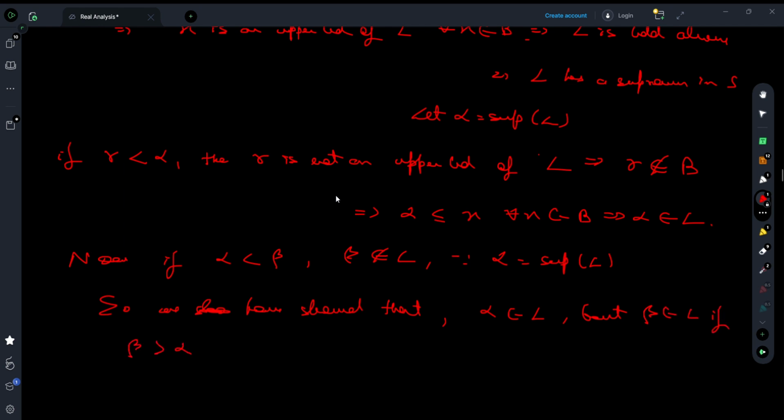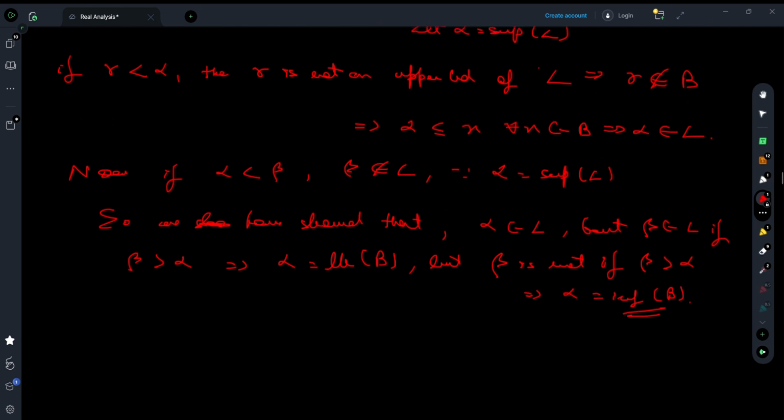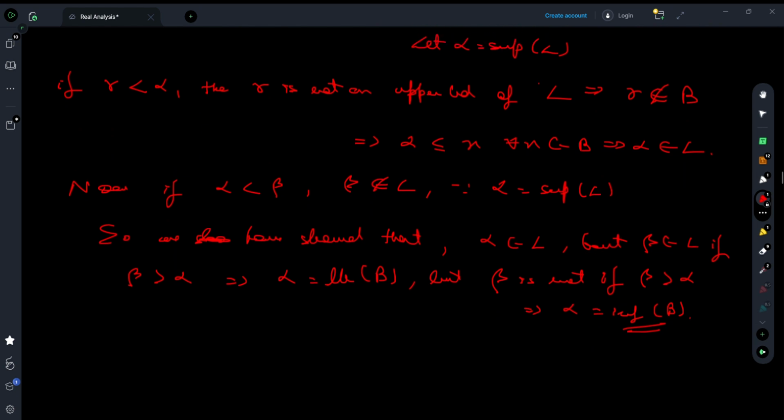So we have shown that alpha is in L, and beta is not in L if beta is greater than alpha. What does that mean? That alpha is a lower bound of B, but beta is not if beta is greater than alpha.